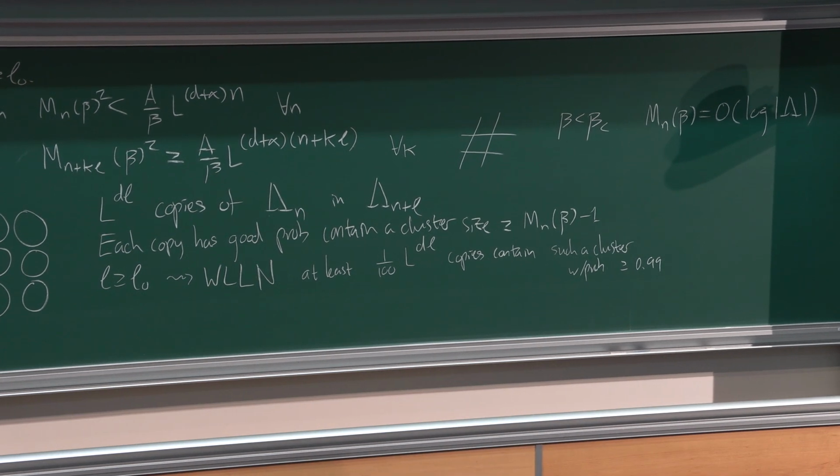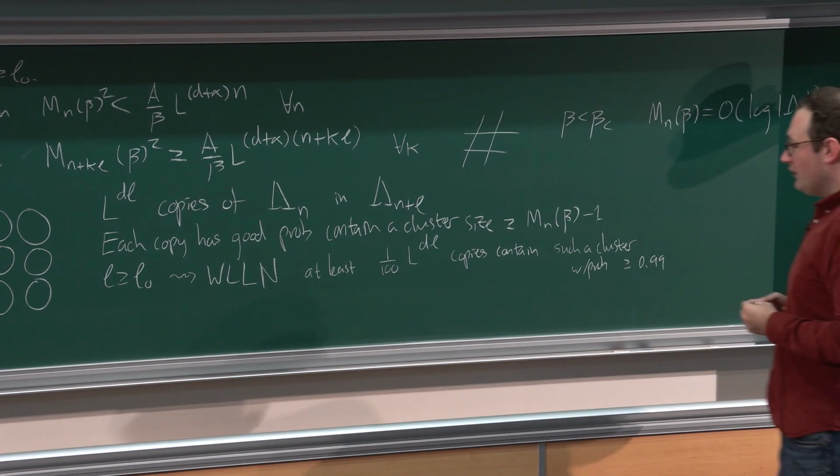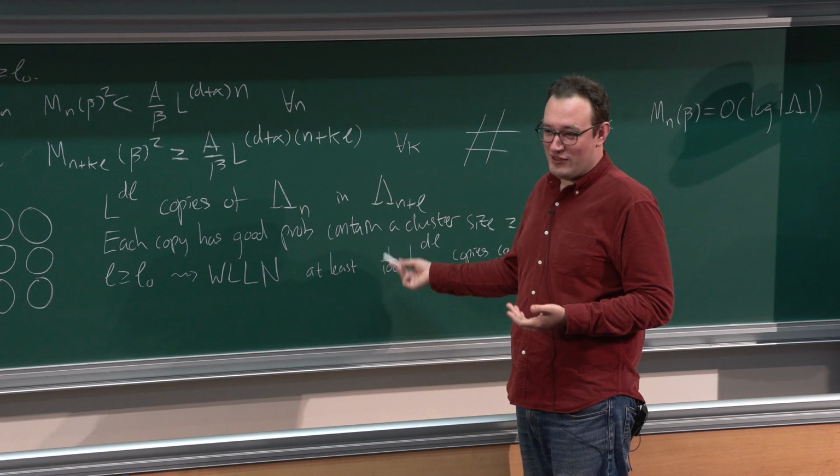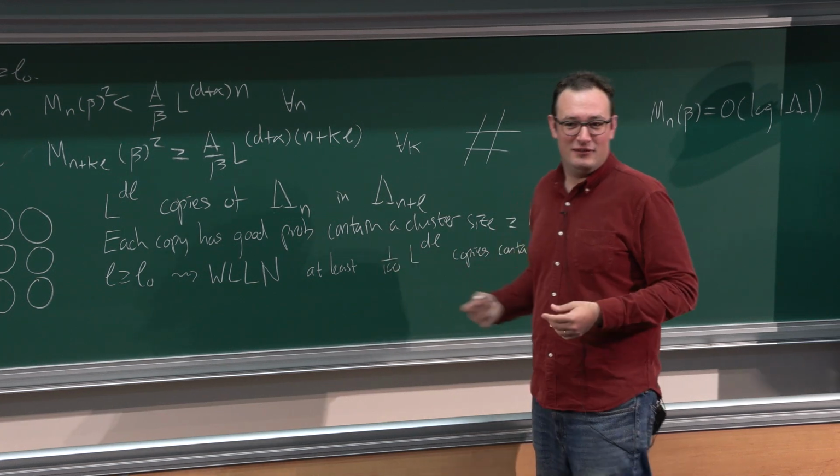All we're using is that 1 over 100 is smaller than 1 over e.